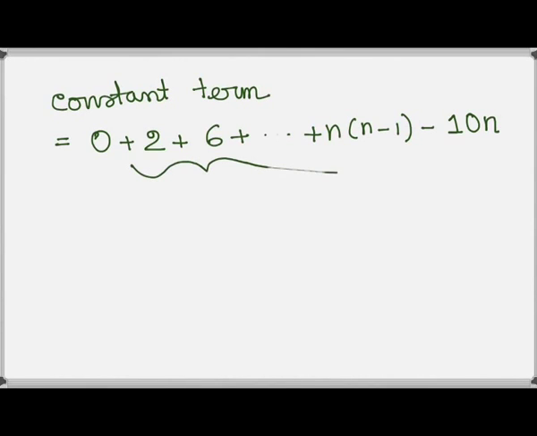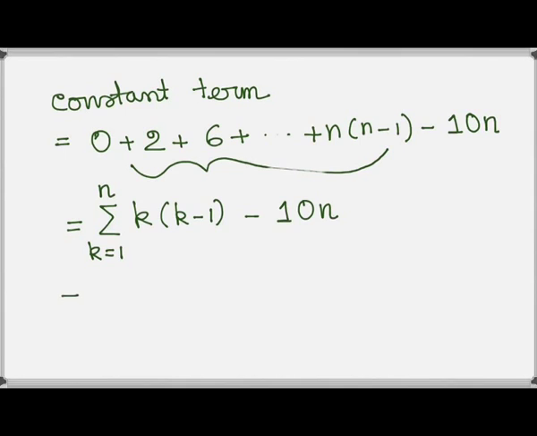Now note that this part is already in the form sum of k into k minus 1, k is from 1 up to n, and this is minus 10n. If we split this one, we obtain sum of k square, k from 1 up to n, and sum of k, k from 1 up to n, and this is minus 10n.